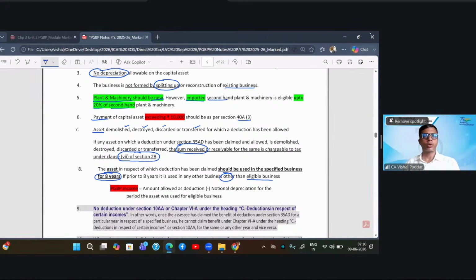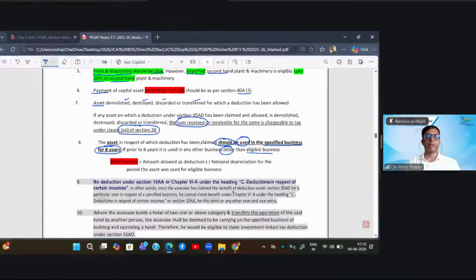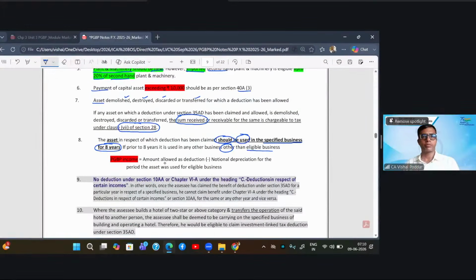In short, the condition is that the asset which you have purchased, on which you have taken 100% deduction in year one, should be used only for this specified business and not any other business. But if you start using it for any other business, then what will happen? We will take your original cost, which is the amount allowed as deduction. So this is nothing but the cost of the asset minus the notional depreciation.